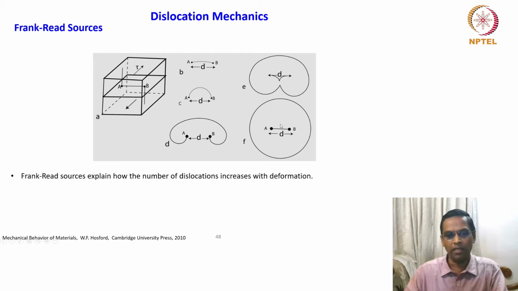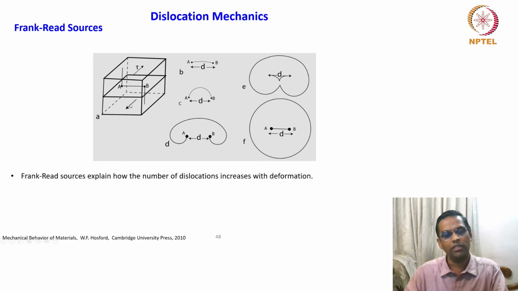Look at the schematic here. This is a perfect crystal. You are looking at the slip plane in the middle of this crystal and the dislocation line AB, and the shear stress is applied in this direction.